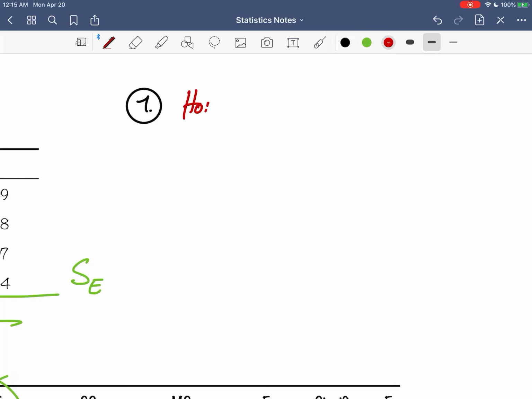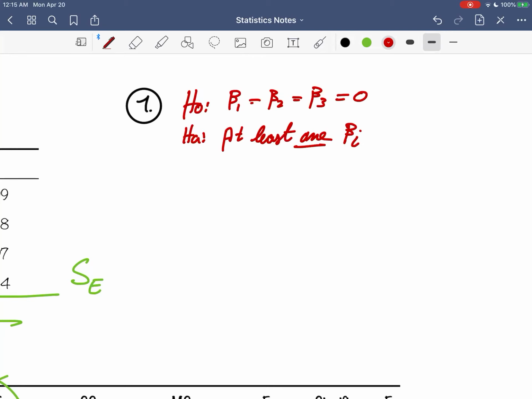H0: B1 is equal to B2 is equal to B3. There's only 3 B's in this case. It's equal to 0. HA: at least 1 Bi does not equal 0. So you're saying at least one of them is actually different than 0, meaning one of them is important.